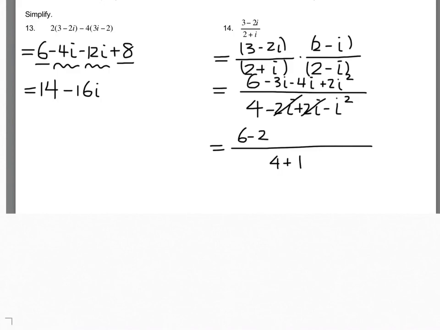And then negative 3i minus 4i, which is negative 7i. So our simplified form would be (4 minus 7i) over 5. So that concludes our review for Chapter 2. Study and practice. Ask questions you may have.